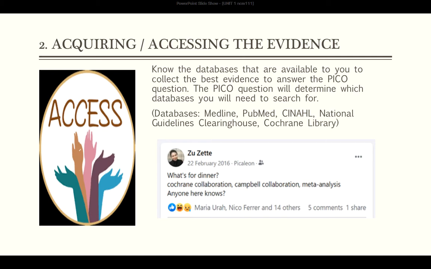Cochrane collaboration, Campbell collaboration, meta-analysis, anyone here knows. Kasi during that time, I'm doing a research at totoo namang hinahapunan ko ay ang Cochrane collaboration. And then yung mga databases I've mentioned such as Medline, PubMed, CINAHL, National Guidelines Clearinghouse, and then the Cochrane Library.